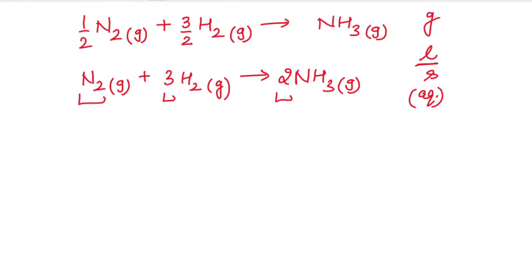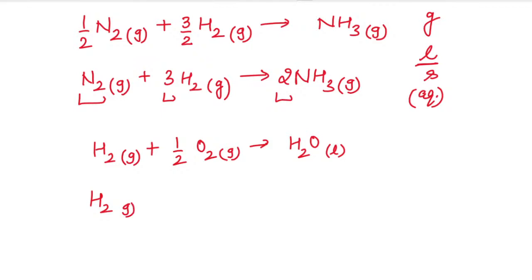Let us take an example. 1 mole of H2 gas reacts with half mole of O2 gas to give 1 mole of H2O in liquid state, or H2 gas reacts with half mole of O2 gas to give 1 mole of H2O gas.